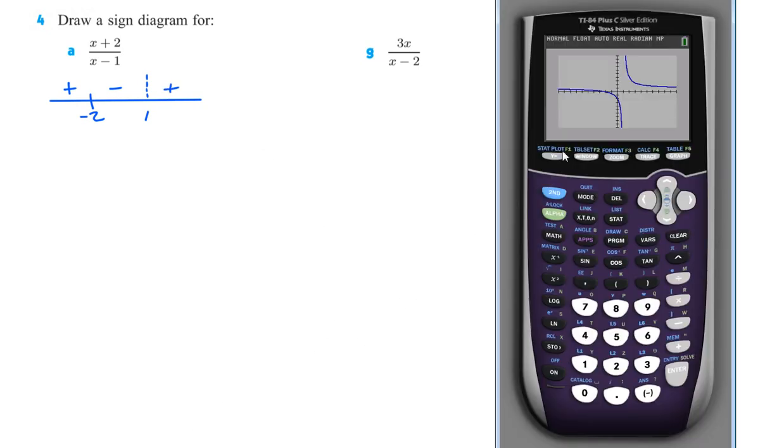For G, we'll put this one in here. We already have a fraction, so I might just modify this fraction. I'll do 3x, and just delete that last part, and then we're all over x minus 2. There we go. And we graph that and see what that looks like.